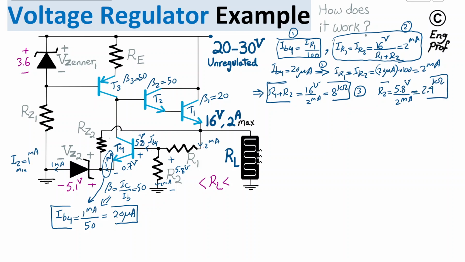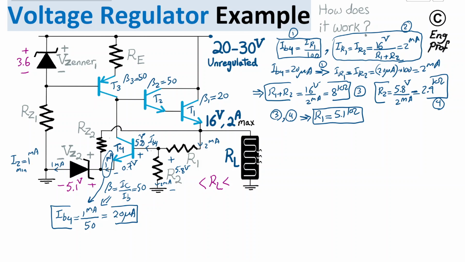That's the value of R2. Now, since I have the sum, equation 3, and R2, I can find R1. Using a combination of 3 and 4, R1 should be 5.1 kilo ohm, so that the sum of R1 and R2 is 8K. Okay, great. We found R1 and R2.